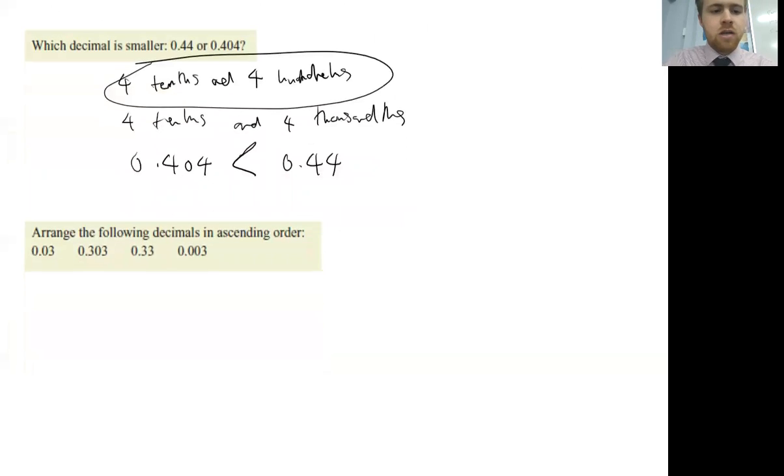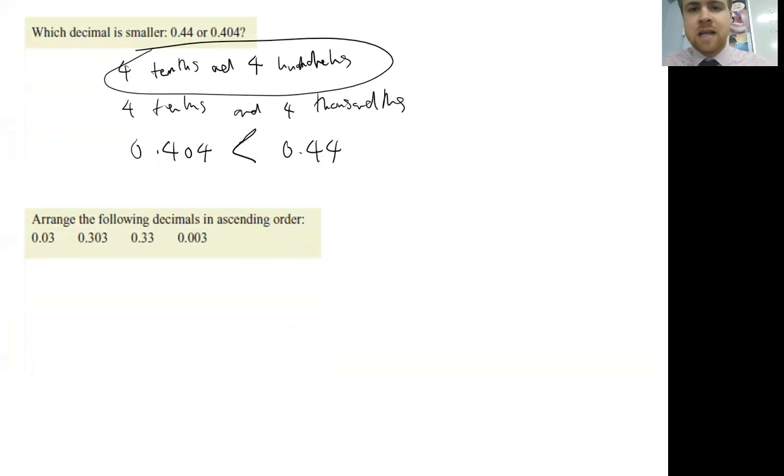Last question here. We're going to arrange the following in ascending order. Ascending means smallest to largest. If it was descending, it would be largest to smallest, but this one is ascending. So we've got to find the smallest one first.